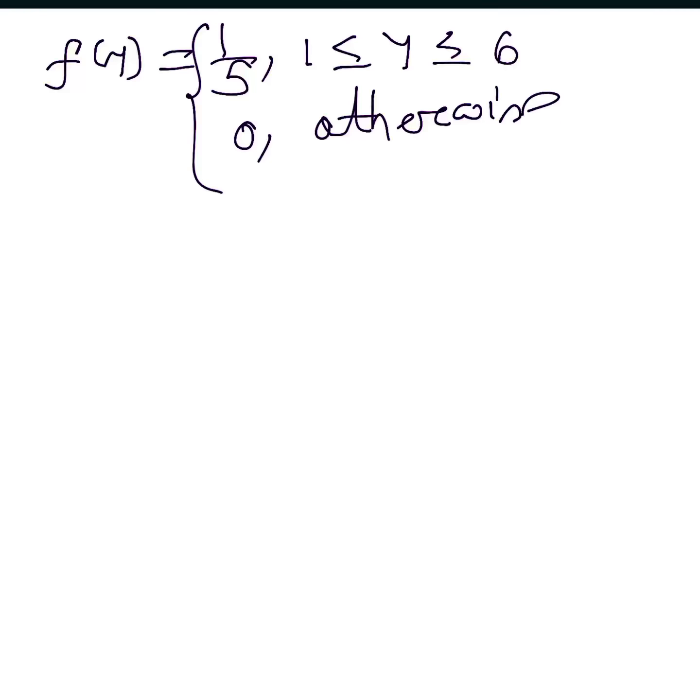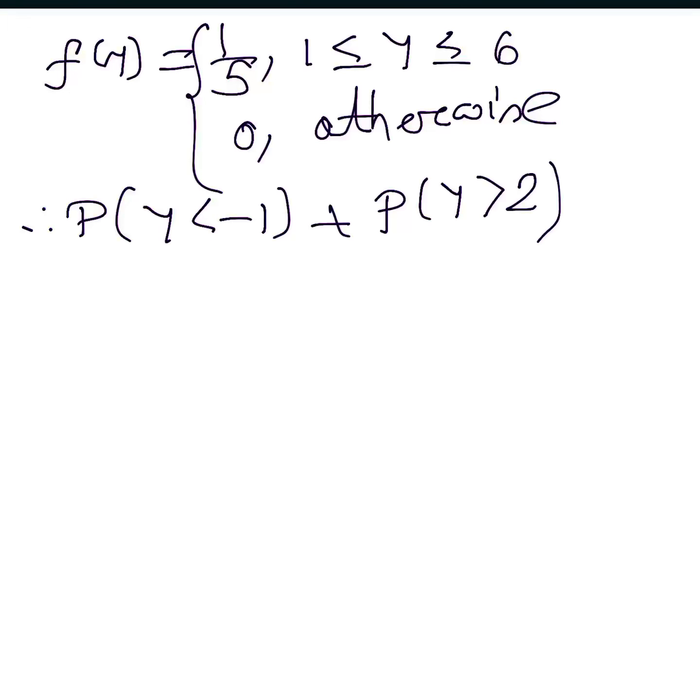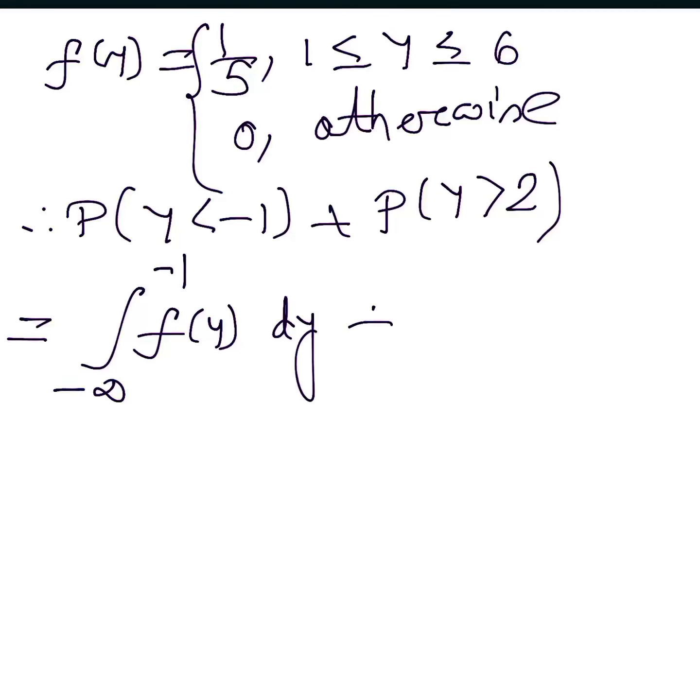Therefore, the probability of y less than negative 1 plus the probability that y is greater than 2 implies that we have to compute the integral from negative infinity to negative 1 of fy dy plus the integral from 2 to infinity of fy dy.